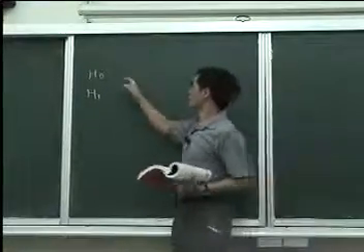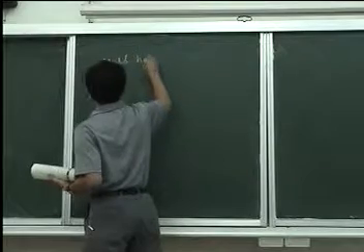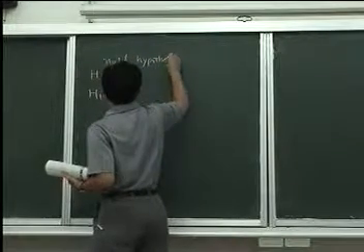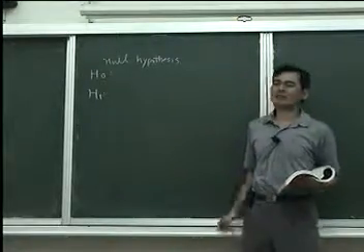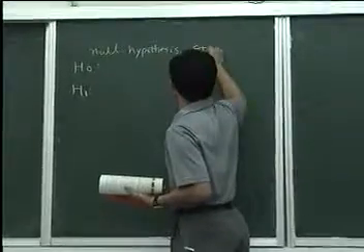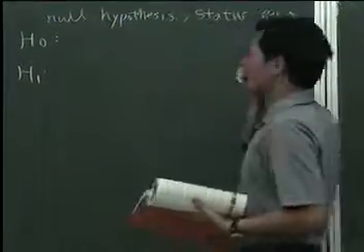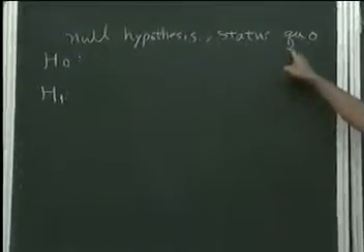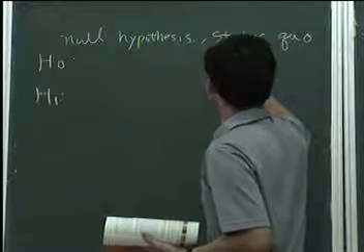This is called the null hypothesis. Basically, we will assume things as they are. So sometimes we can say this is the status quo. The true meaning of status quo is status quo ante bellum.